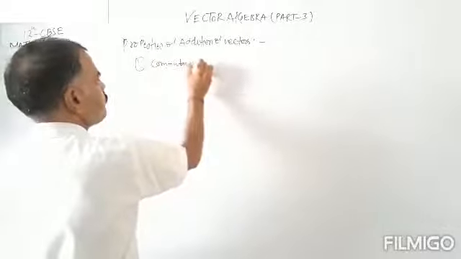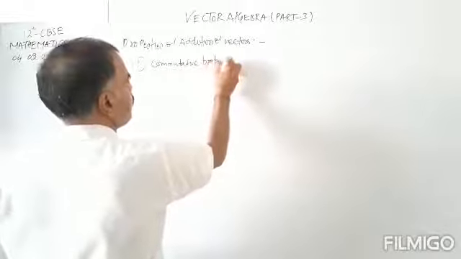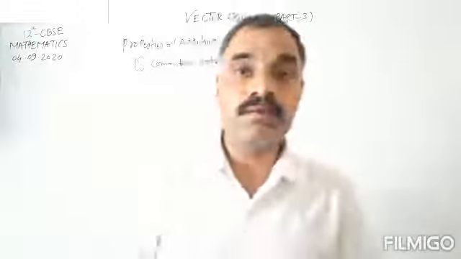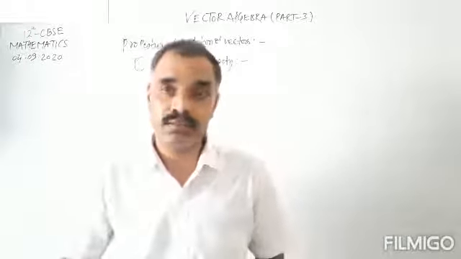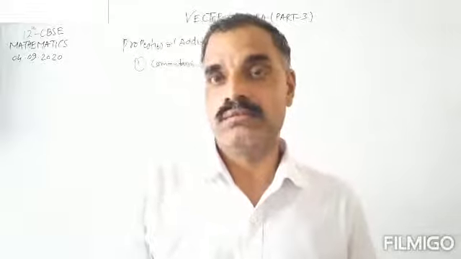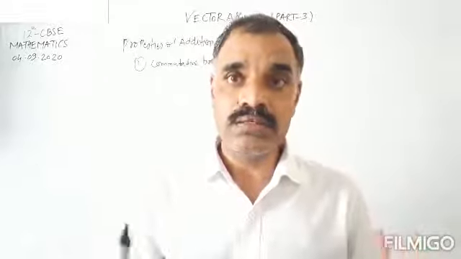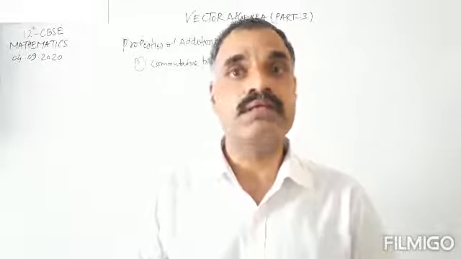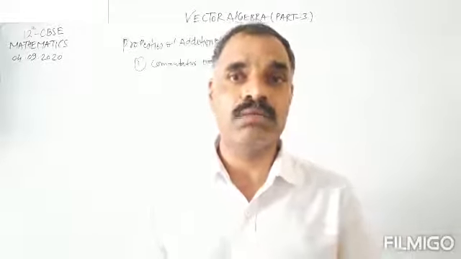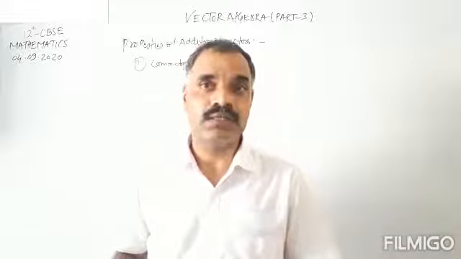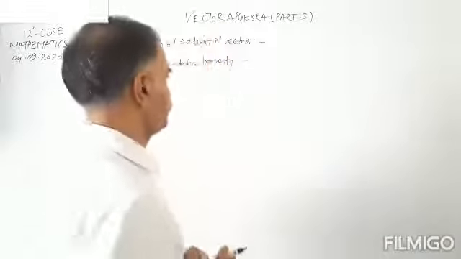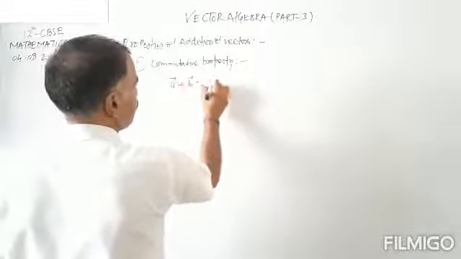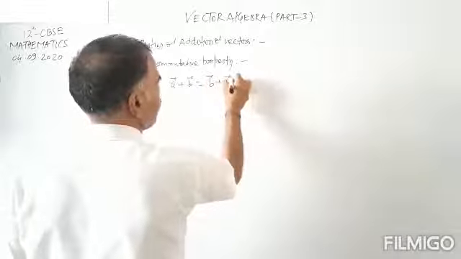Commutative property means A vector plus B vector is equal to B vector plus A vector, and the addition of vectors follows the commutative property.